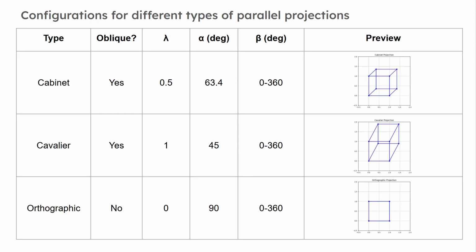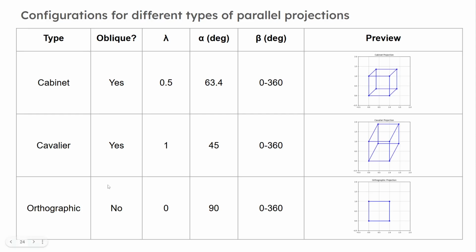The beta value can be anything between 0 and 360 for all cases. Alpha or lambda control the skewness and scaling factor, and each type of parallel projection has its own configuration. For cabinet projection, we can supply the scaling factor to be half, or the skewing angle to be 63.4. For cavalier, the scaling factor is 1, and the skewing angle or alpha is 45 degrees.